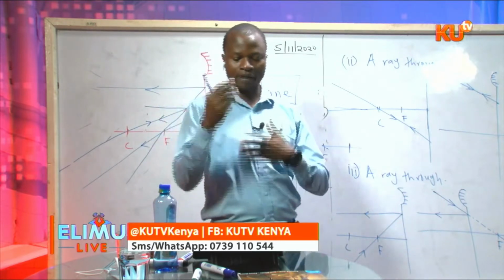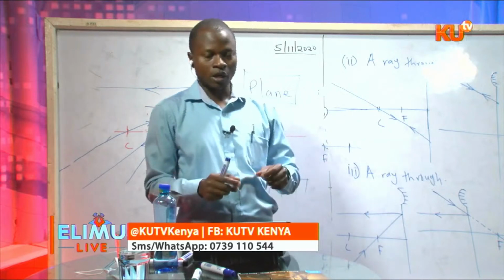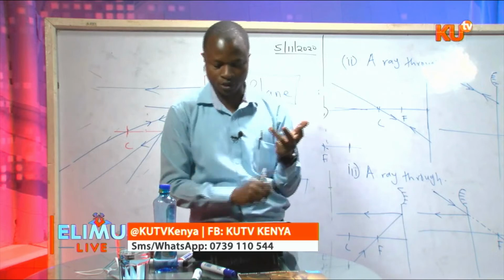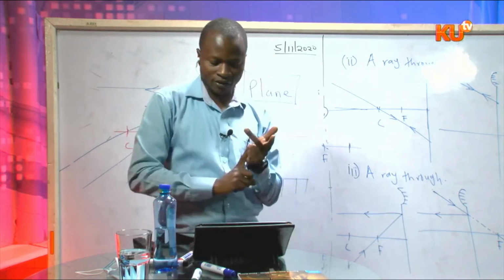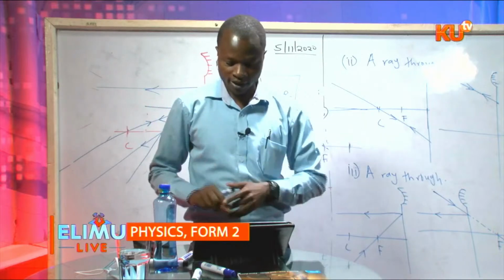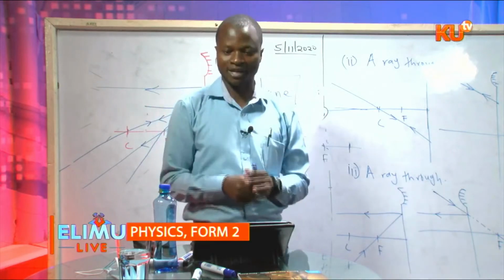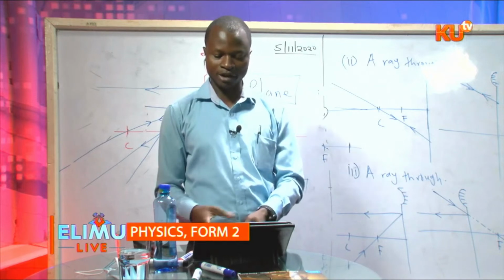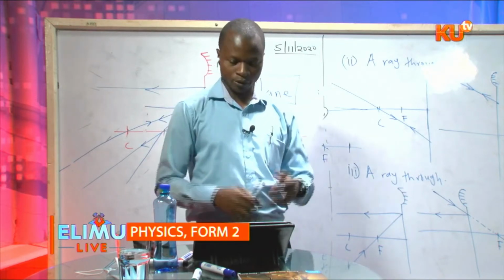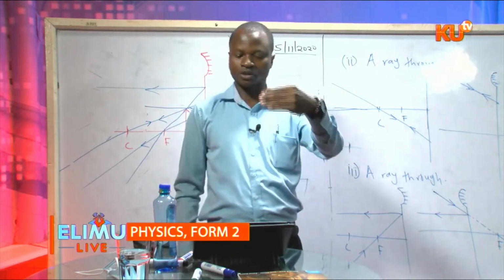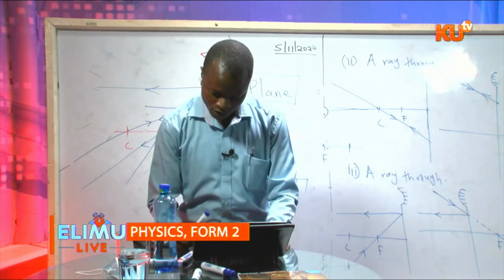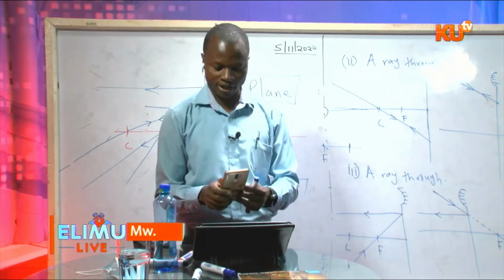In describing the characteristics of the image using the ray diagram, we will see where the image is formed, that is the position, how the size of the image compares to the object, whether it is real or virtual, and whether it is upright or upside down. If you look at the last slide, that is part of locating images using ray diagrams. So just keep calm for the next lesson.